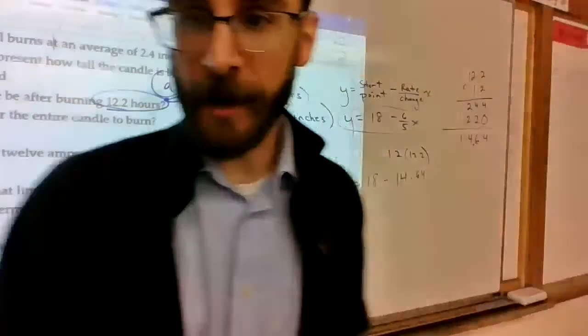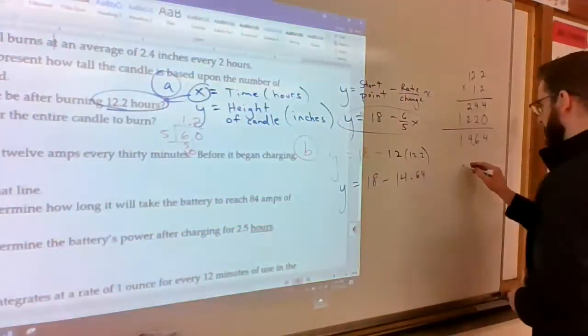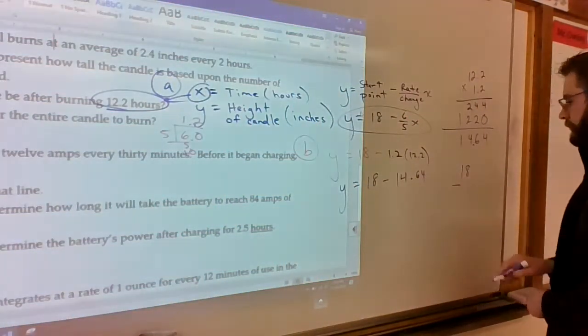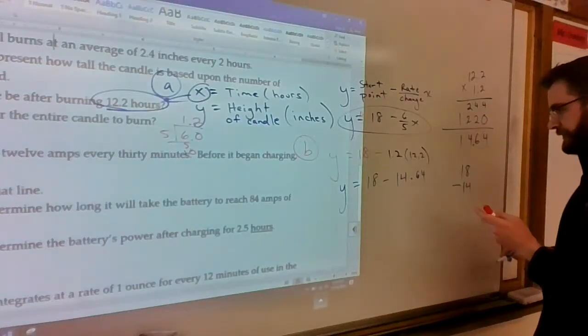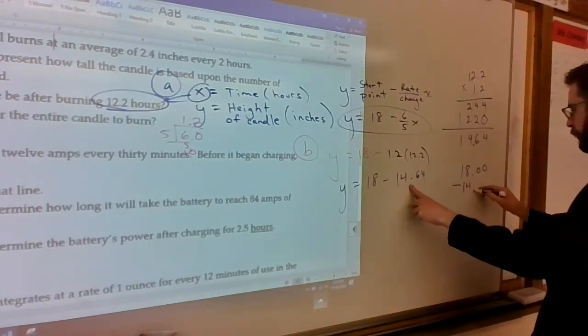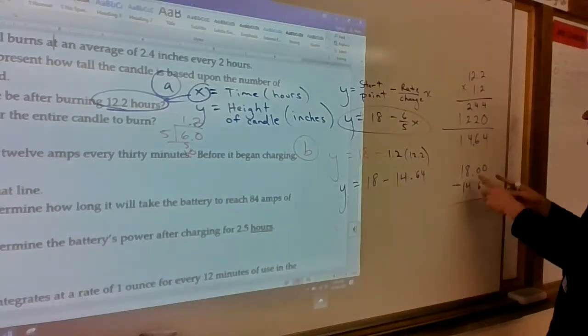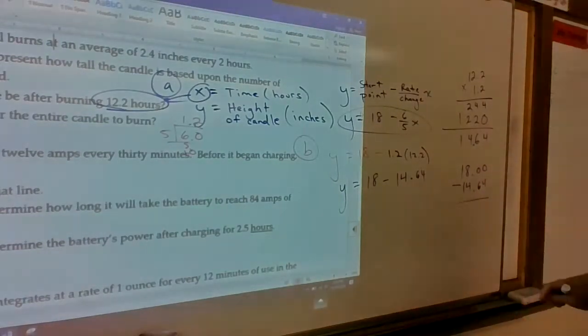Okay, you know how to multiply decimals. Do you know how to subtract them? Well, the stacking is important. You got to put 18.00 minus 14.64. The decimals need to be stacked when you subtract. They don't need to be when you multiply.